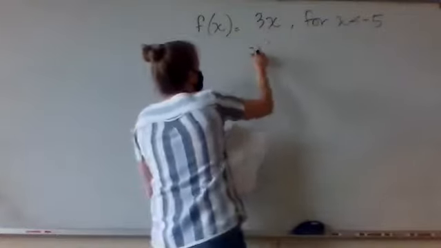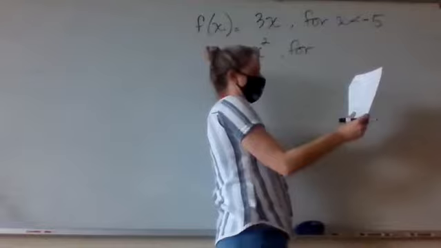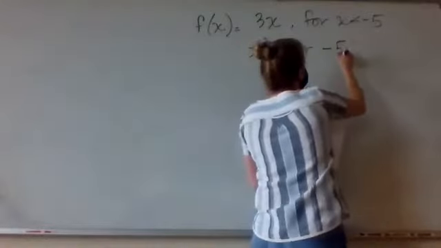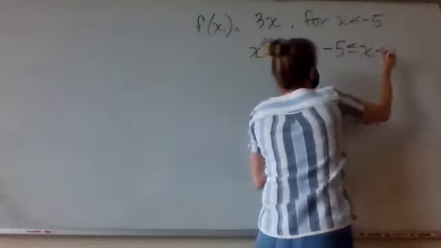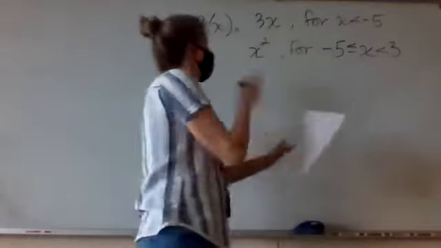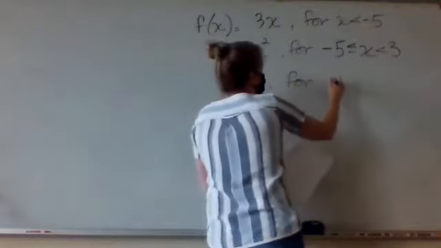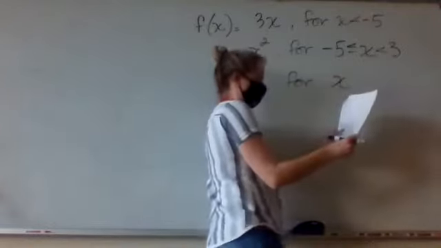It's x squared for -5 is less than or equal to x, which is less than 3. And then the last piece is x minus 4 for when x is greater than or equal to 3.